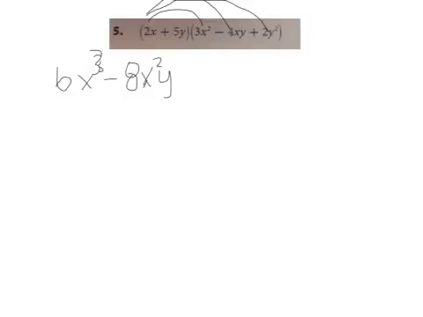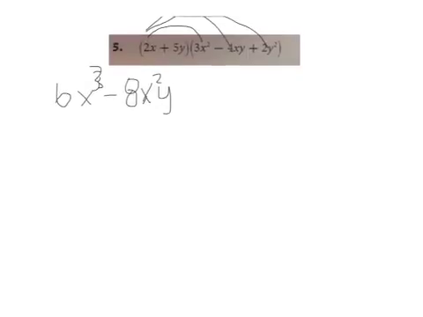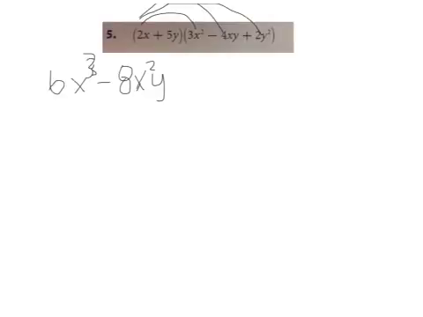And then distributing to my last term, then I'm going to get 2x times 2y squared, which would give me plus 4, 2 times 2 is 4, xy squared. And I always list my x term before the y. You want to keep things in alphabetical order, so I keep those x's before even though it's got a smaller degree.